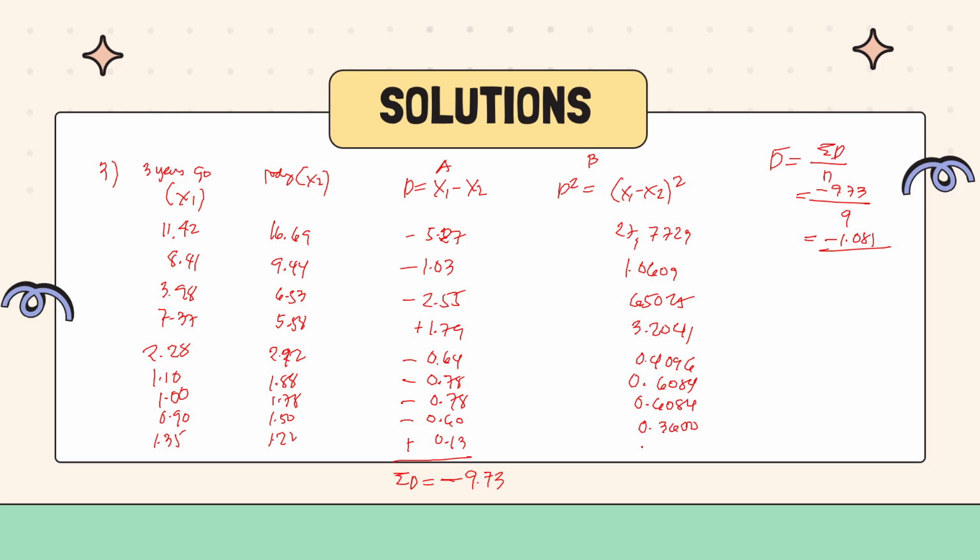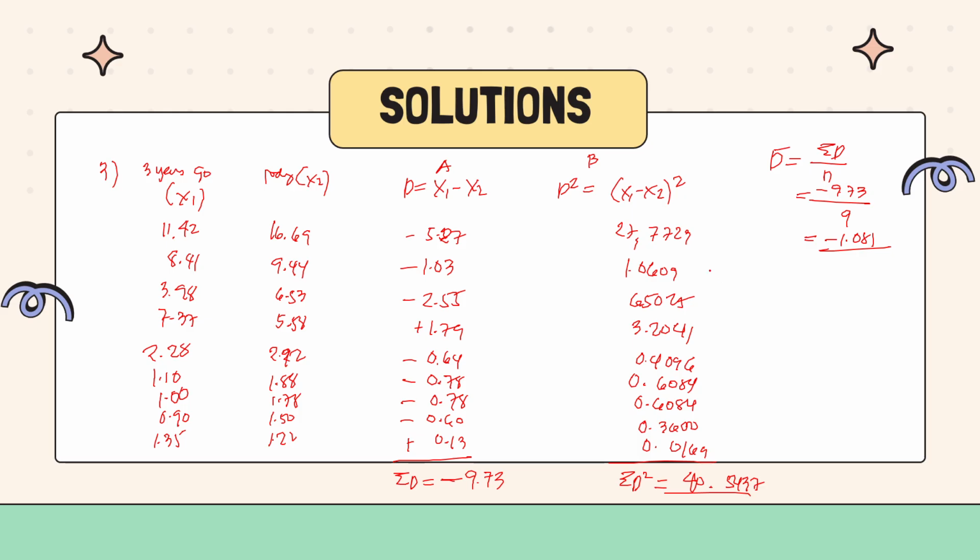And 0.13 squared is 0.0169. After this, we have to take the summation of d squared, which is equal to 40.5437. So this is our summation of d squared.